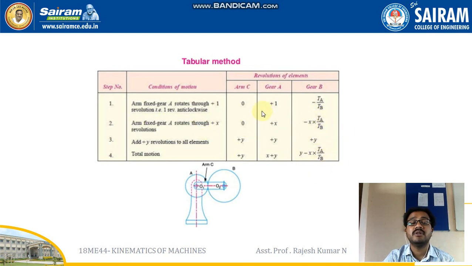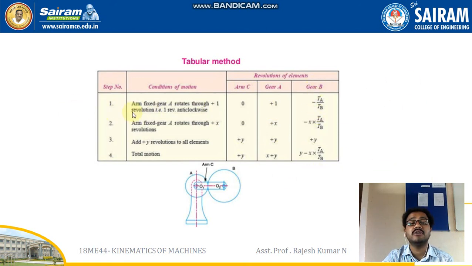So this is the basic table we need to remember for solving any epicyclic gear train problem. The condition may vary. Sometimes they may say that gear A is fixed or gear B is fixed or gear C is fixed. Like that the conditions will vary. But for all the cases, if you follow the same method, that is, first the arm, second the first gear, then the second gear, third gear, fourth gear.